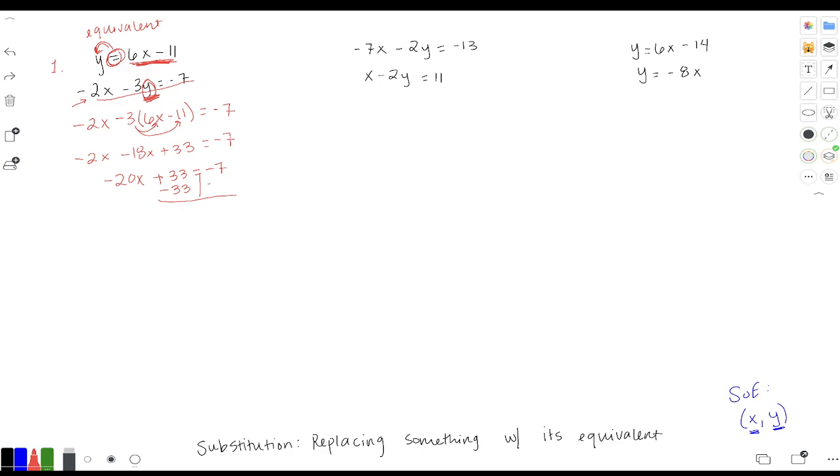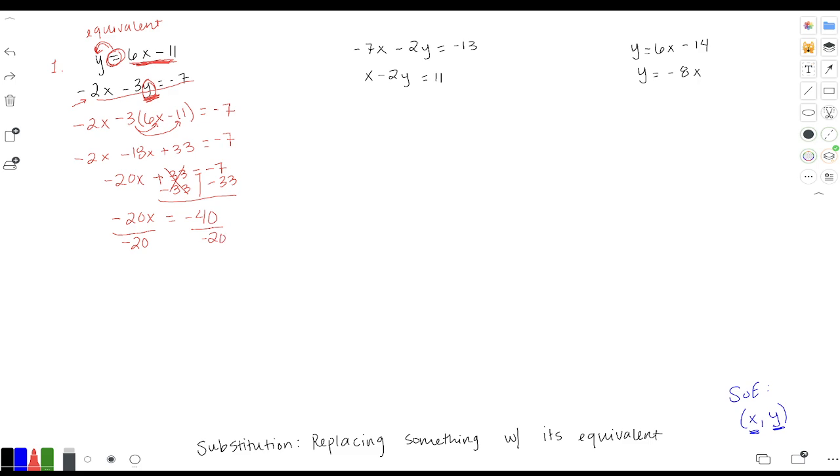And we have to make sure that we do it on both sides of the equal sign. This is like our scale that we have to balance. That's going to cancel out. And we're going to be left with negative 20x equals negative 40. Okay, negative 7 minus 33 is negative 40. The last thing we need to do to isolate this x, we've got a negative 20 being multiplied to it. So in order to cancel out multiplication, we have to divide that negative 20 on both sides.